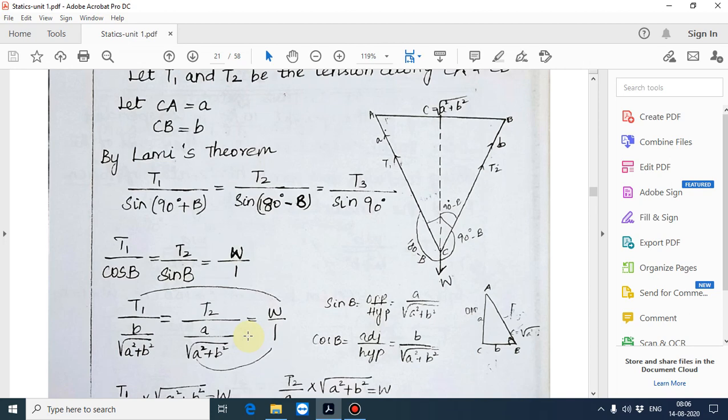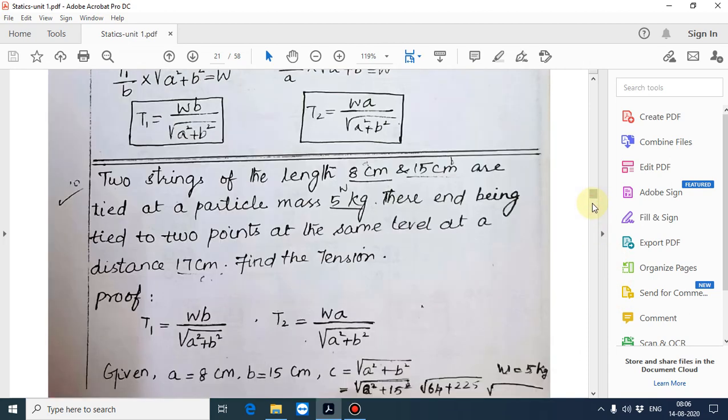First take T1 divided by B by square root of A square plus B square is equal to W, and T2 divided by A by square root of A square plus B square is equal to W. Next, multiply: T1 divided by B into square root of A square plus B square is equal to W. Therefore, T1 is equal to WB by square root of A square plus B square.